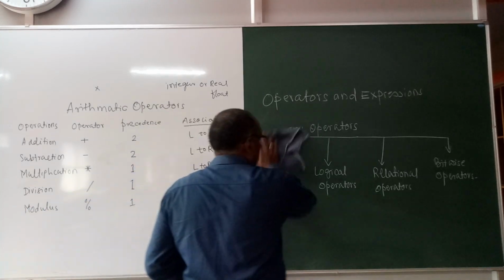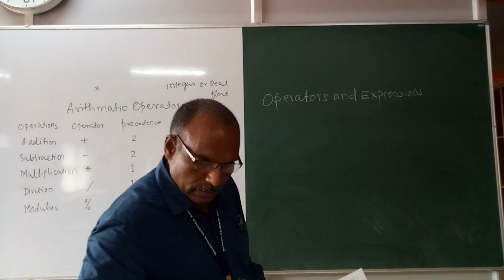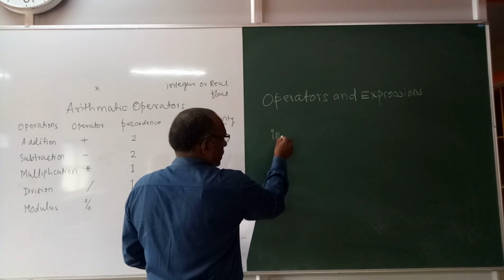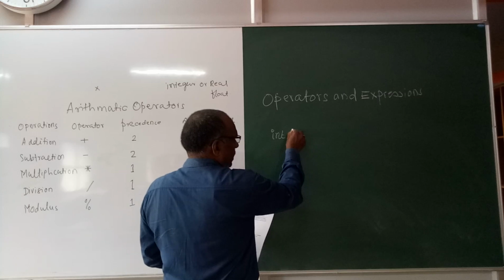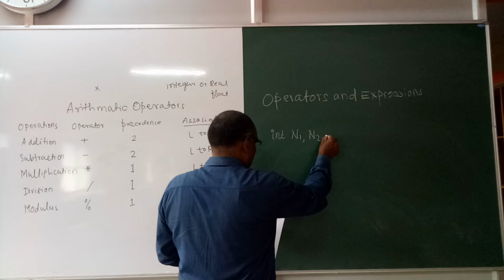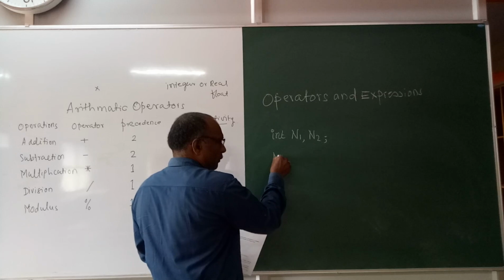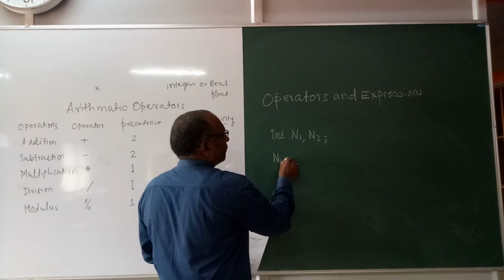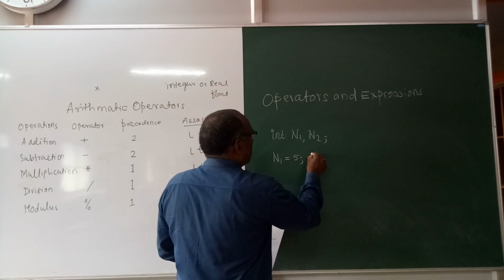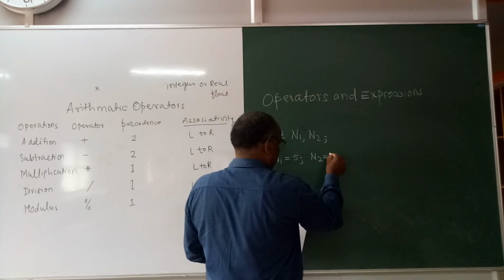Okay, I'll take an example here. Let's take one example and see. I'll use the chalk piece here. Say this is a declaration: int n1 and n2 are declared, with a semicolon. Say the value of n1 is assigned, n1 is equal to 5, and then n2 is equal to 3.